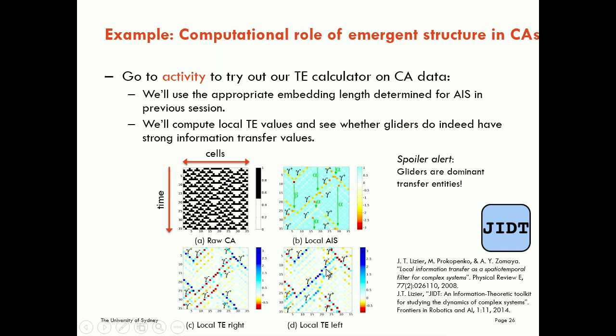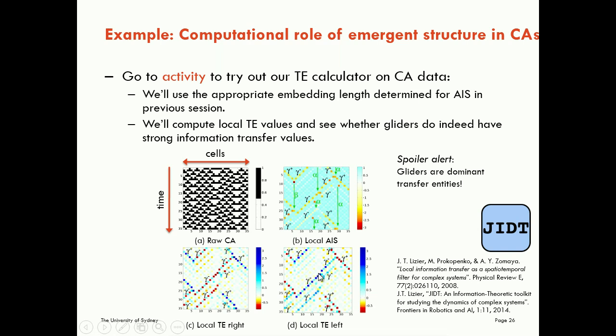So that is exactly in alignment with the conjecture about the nature of information transfer in cellular automata. And the results make a lot of sense, because at the gliders, what is happening is that the background domain patterns are being broken. If we follow temporarily one given cell, what we see is that at the gliders that pattern gets broken. The past is no longer predictive of what's coming next. What does help you predict what comes next is the previous value of the glider at your neighbor.